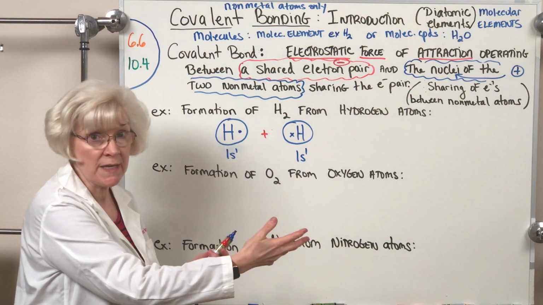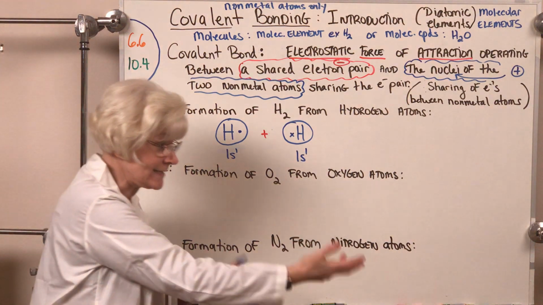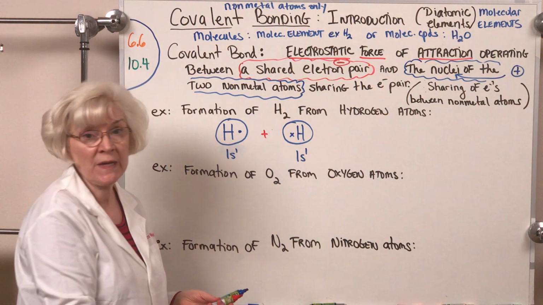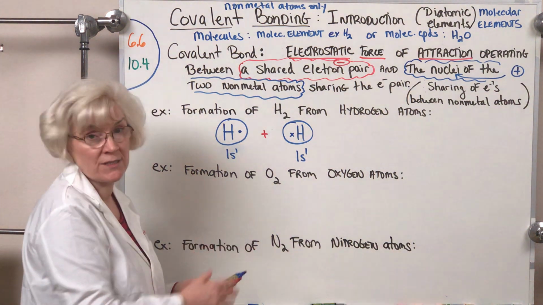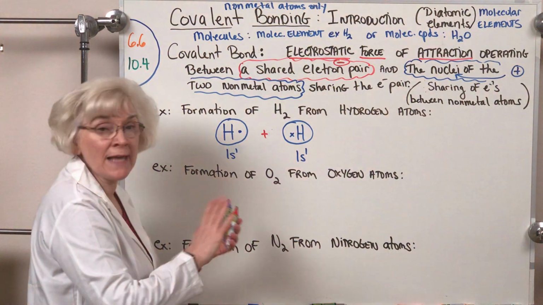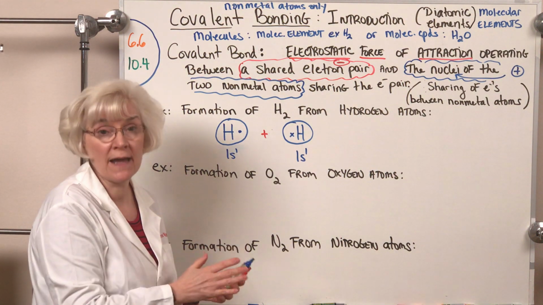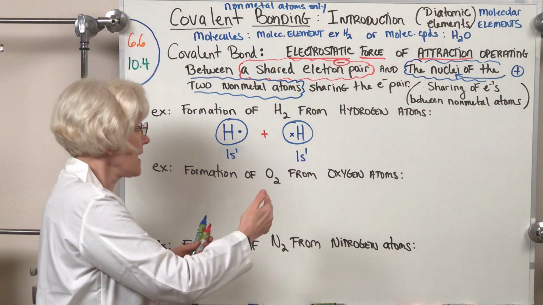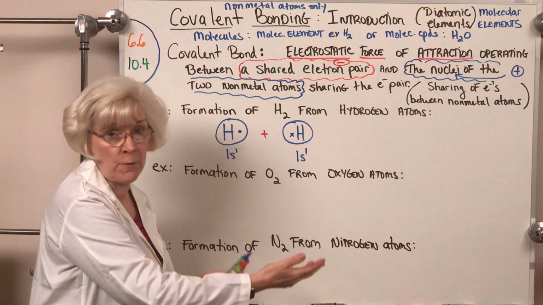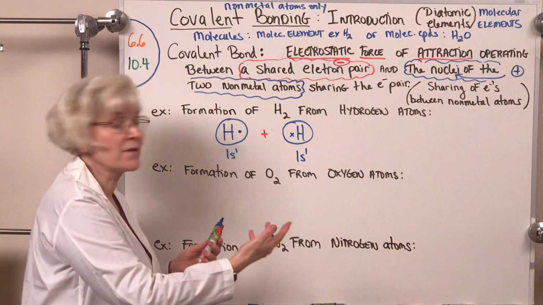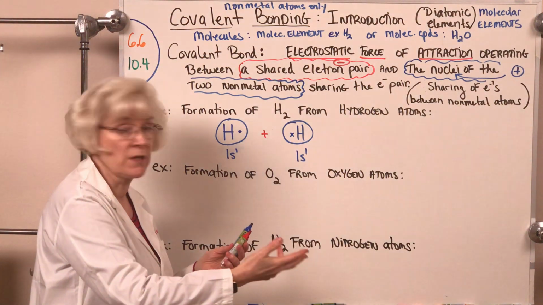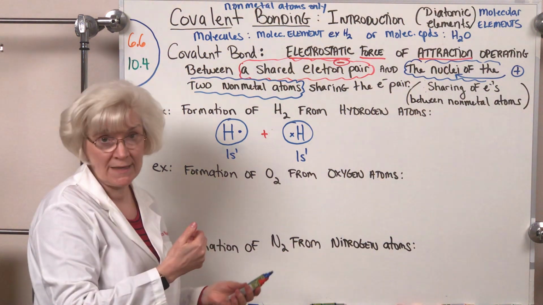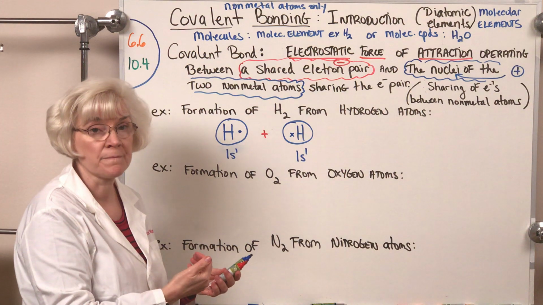It ought to be a draw, a tie, if you were competing for electrons. So this cannot be a case of ionic bonding. We can't be observing ion formation because neither atom is capable of pulling the electron away from the other.